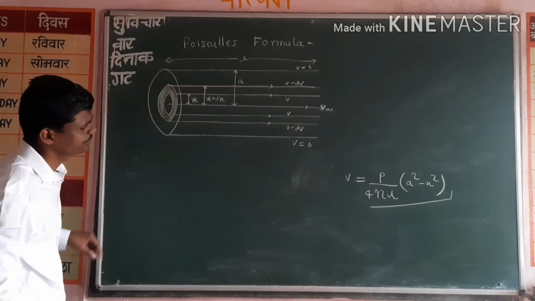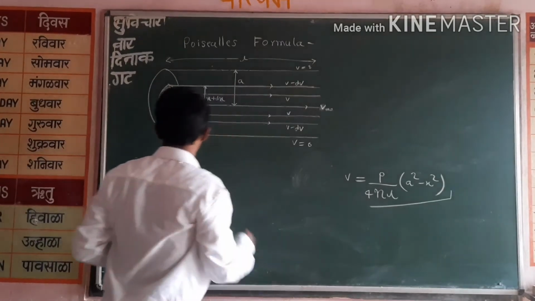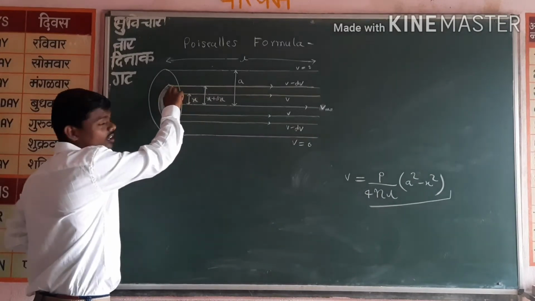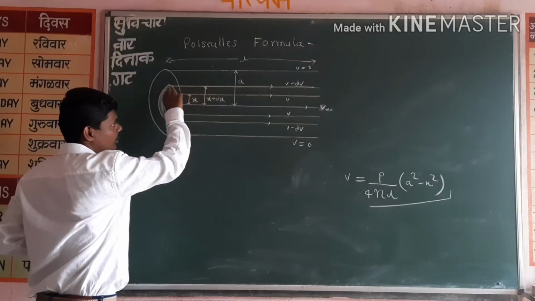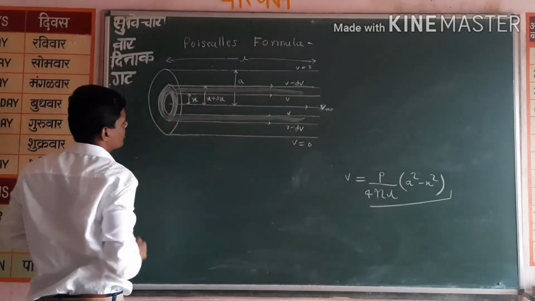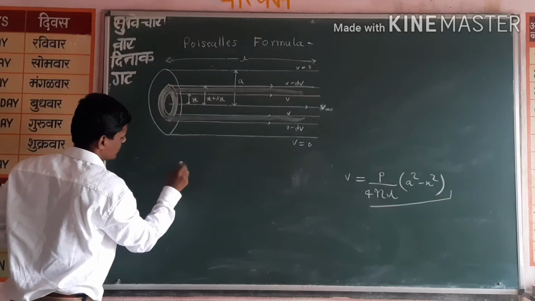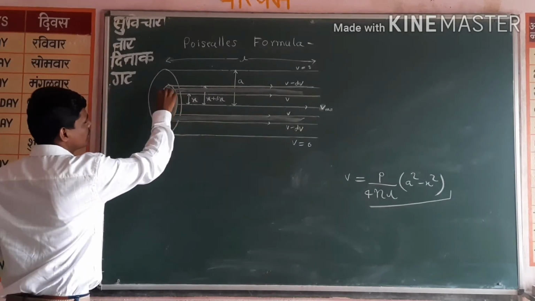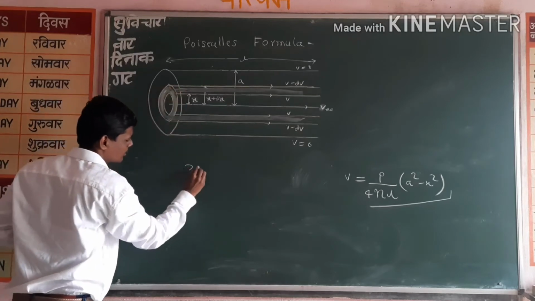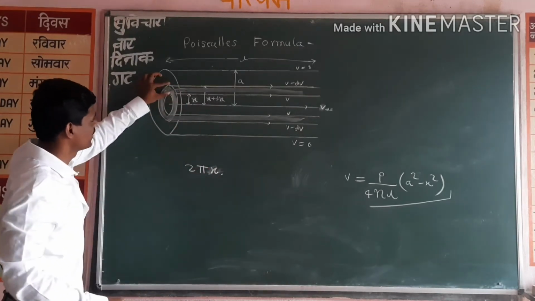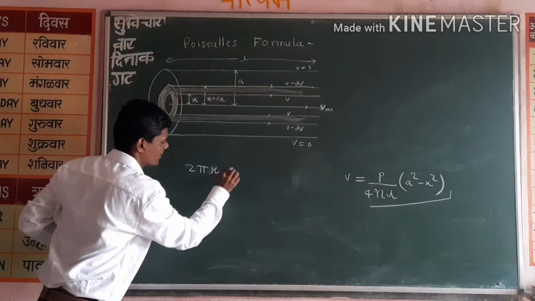Now here we have velocity. So to find the volume inside this particular shell, or particular liquid layer, we need to consider its area of cross section. The area of cross section is 2πx, and the thickness dx.